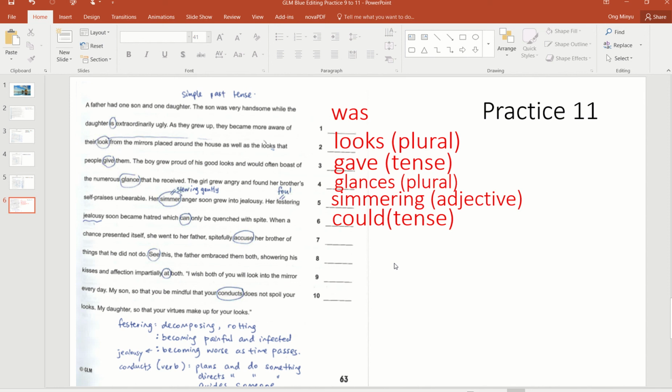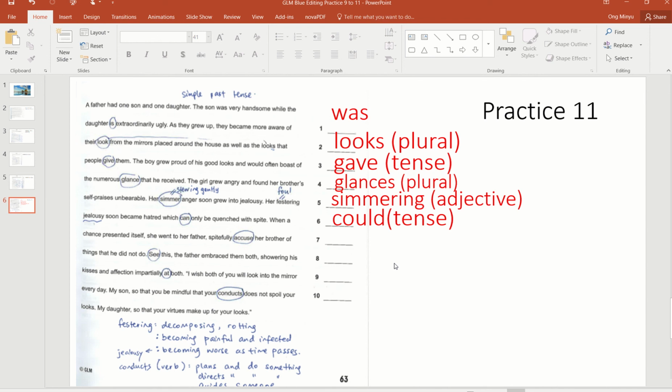Okay. Quenched in this context means ended. When a chance presented itself, that means an opportunity arose, past tense of arise, arose. She went to her father, spitefully accused her brother of things that he did not do.